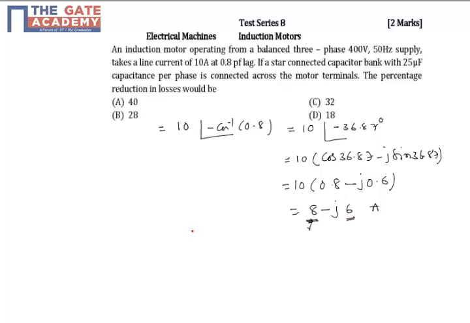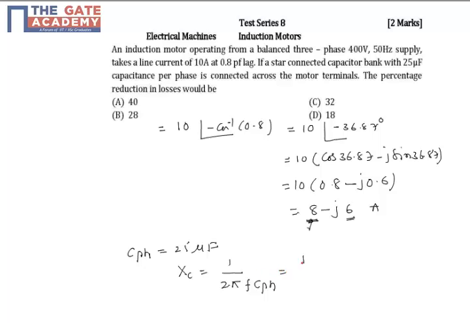So if I connect a capacitor bank, I'll see how much reactive power will be given by the capacitors. He has given the capacitor value, so you find out the per phase capacitance. Per phase capacitance is given as 25 microfarad, and find out per phase capacitive reactance, that is Xc, equal to 1 by 2 pi f into C per phase.